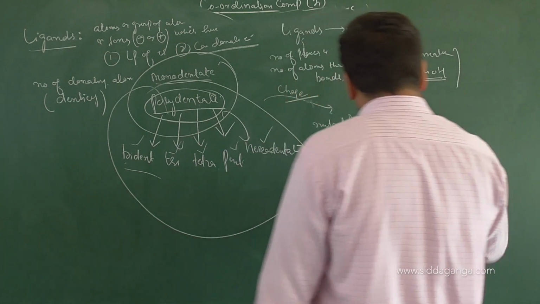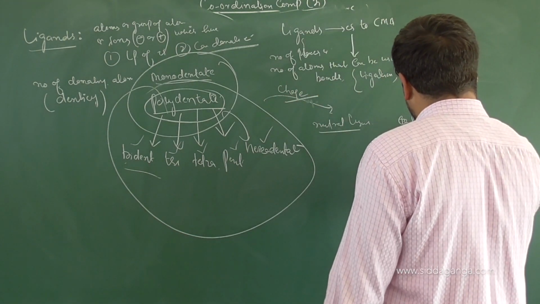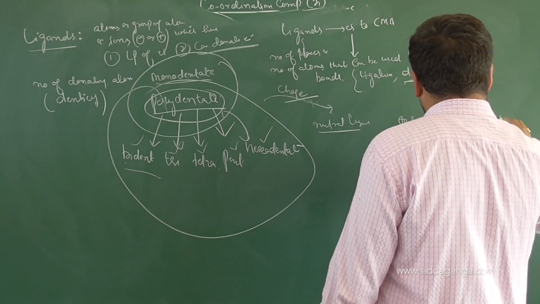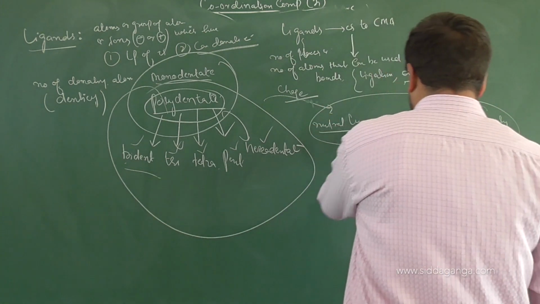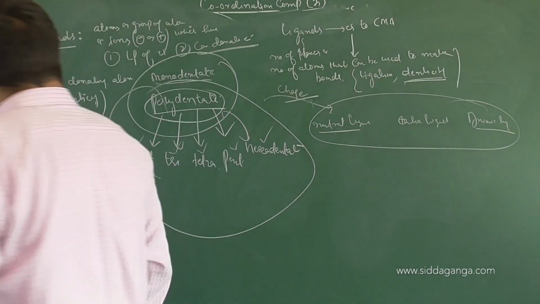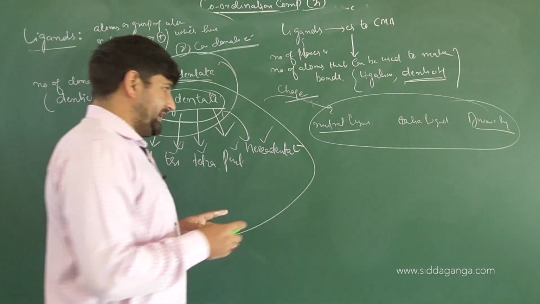Then you have cationic ligands. Then you have anionic ligands. So on the basis of charge, what do we have? Neutral ligands, cationic ligands, and anionic ligands. It means different charges will be present. So we have, say, neutral ligands.